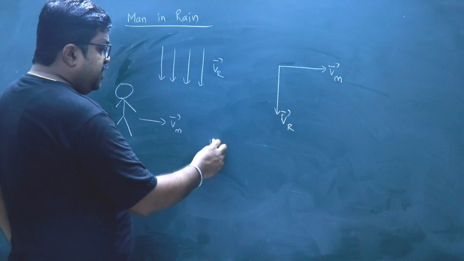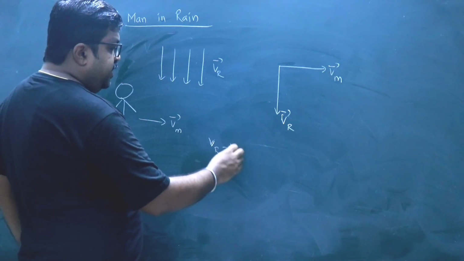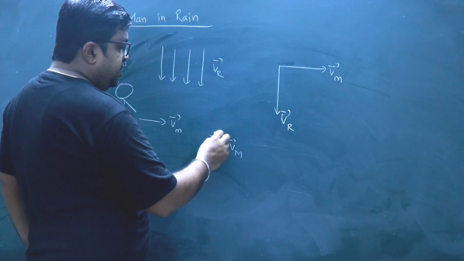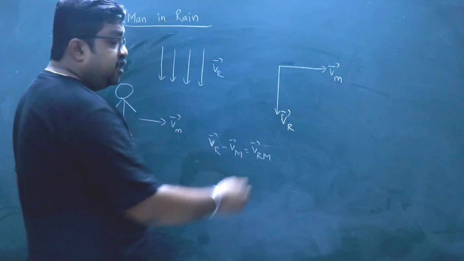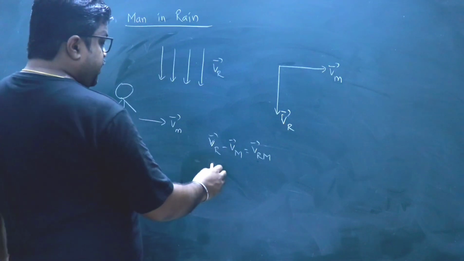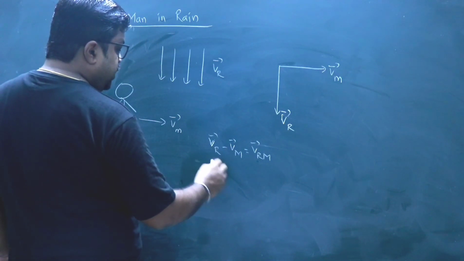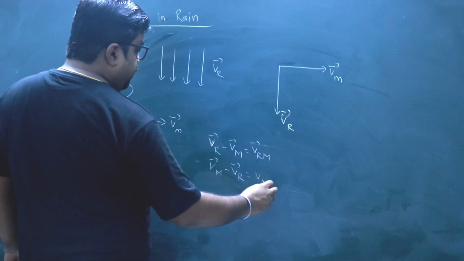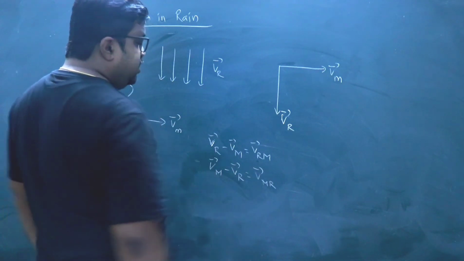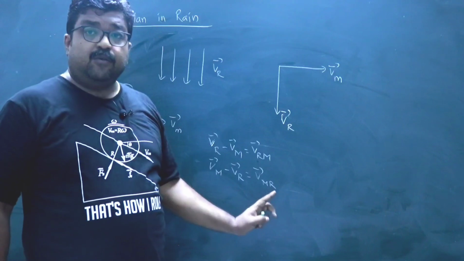Okay, see, Vr minus Vm is Vrm, that is velocity of rain with respect to man, and Vm minus Vr is equal to Vmr, that is velocity of man with respect to rain.